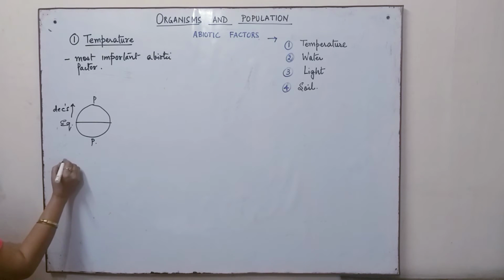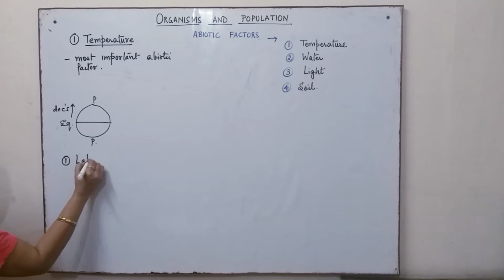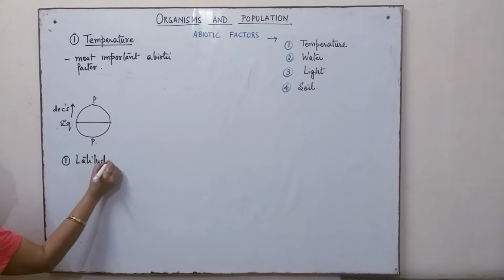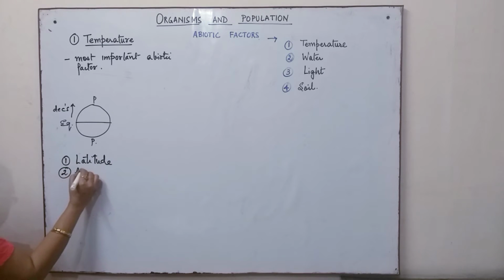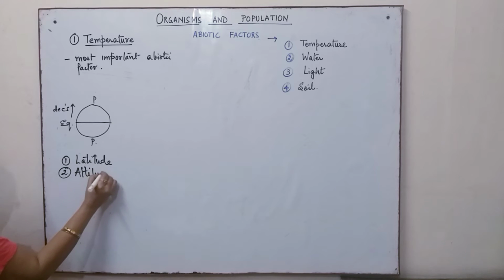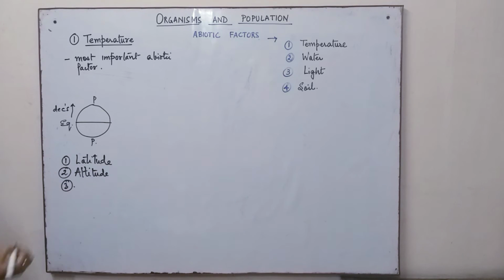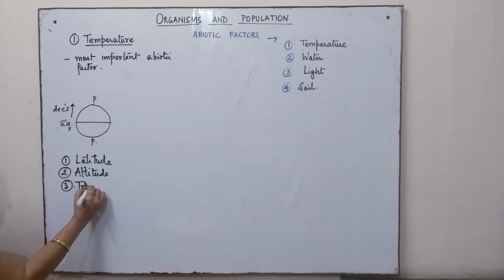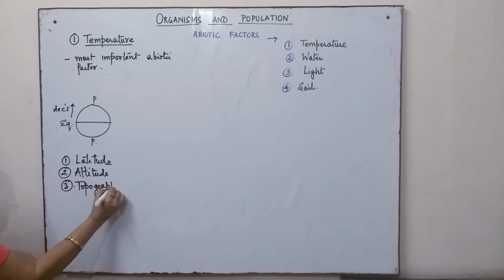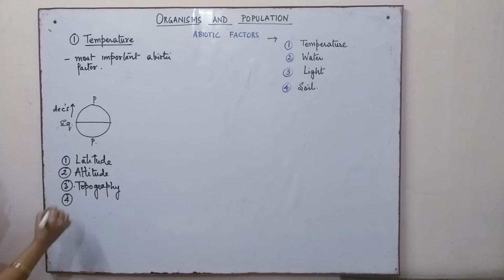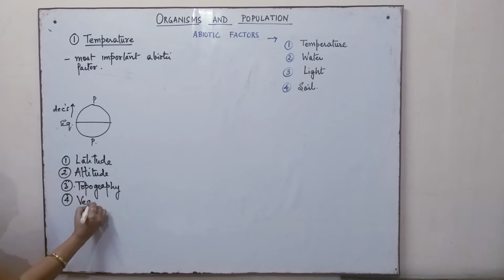These factors are latitude, altitude, the third is topography, fourth is vegetation, and the fifth is slope aspect.